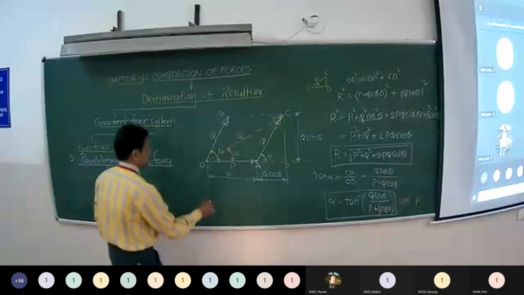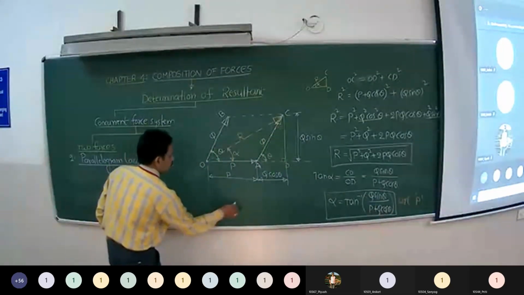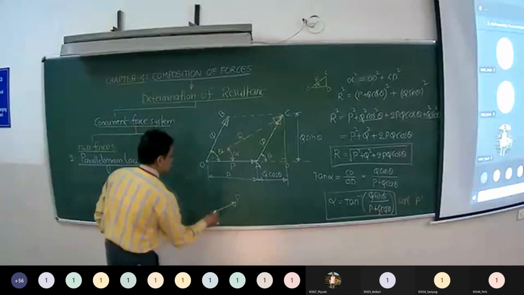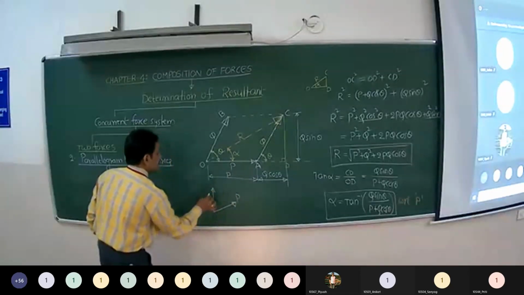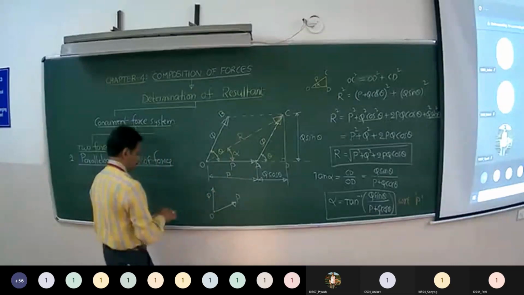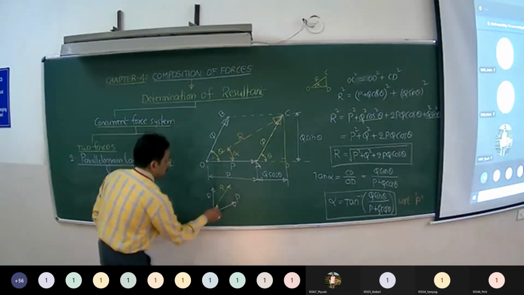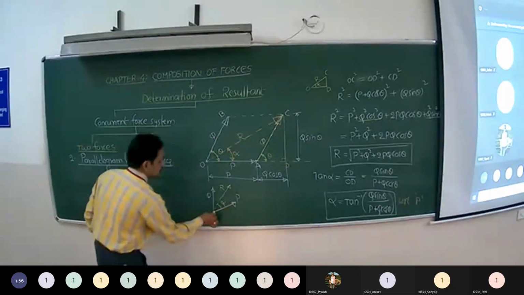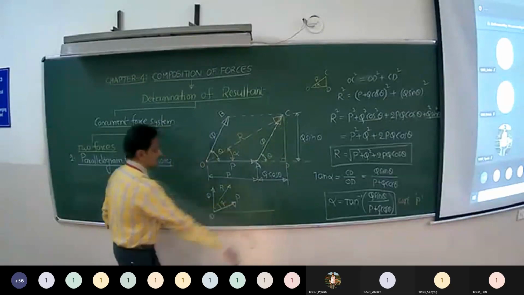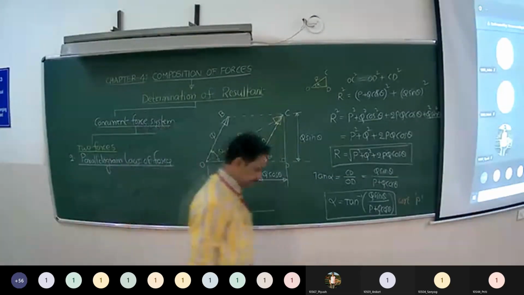Suppose you have this as force P, force Q, then the resultant is R, making an angle alpha with respect to force P, not with respect to horizontal or x-axis.